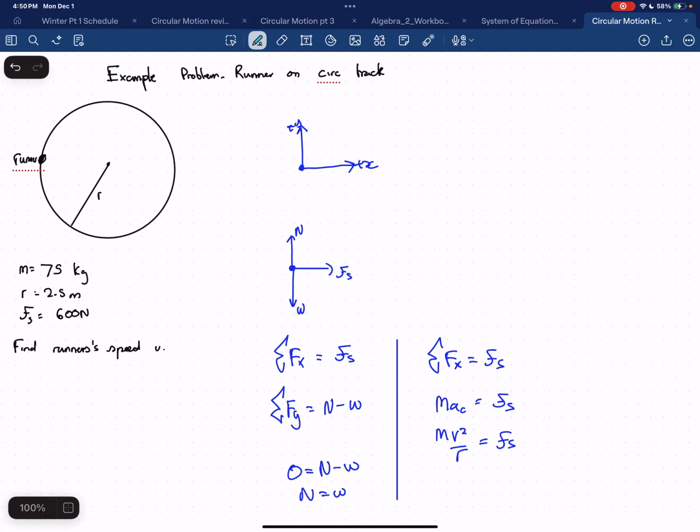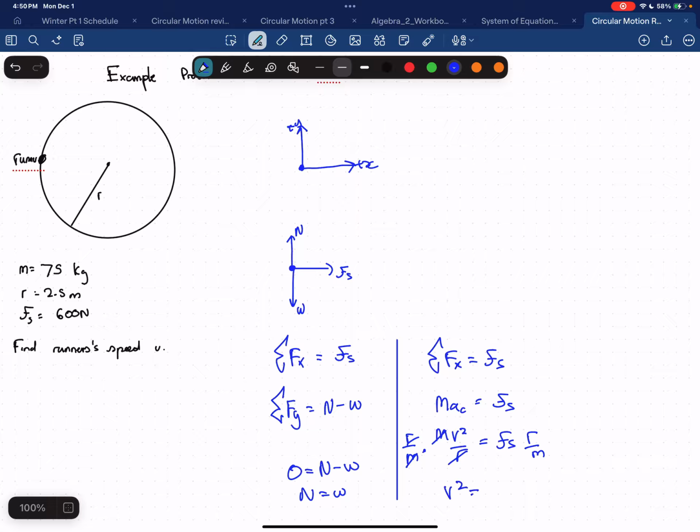I need to isolate the v, and I can do that by multiplying both sides by r over m. If I cancel the r's, now I'm going to have v squared equal to fs r over m.